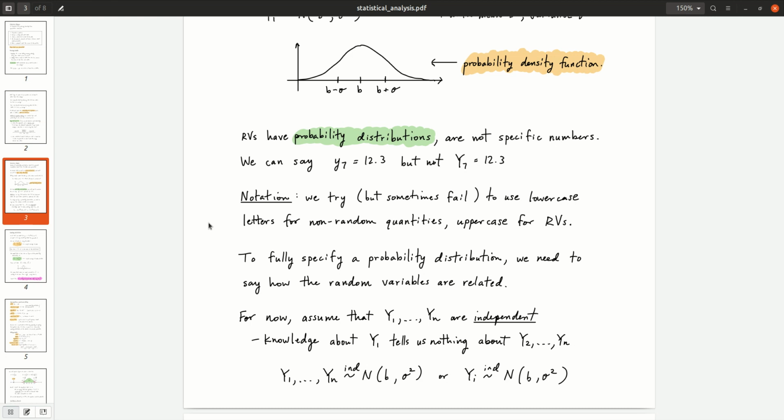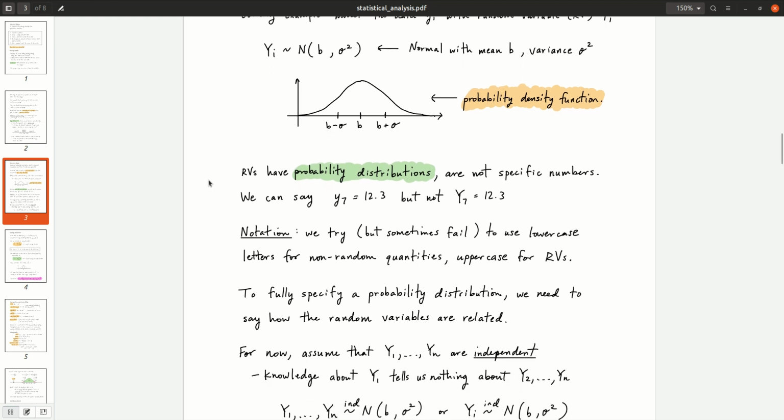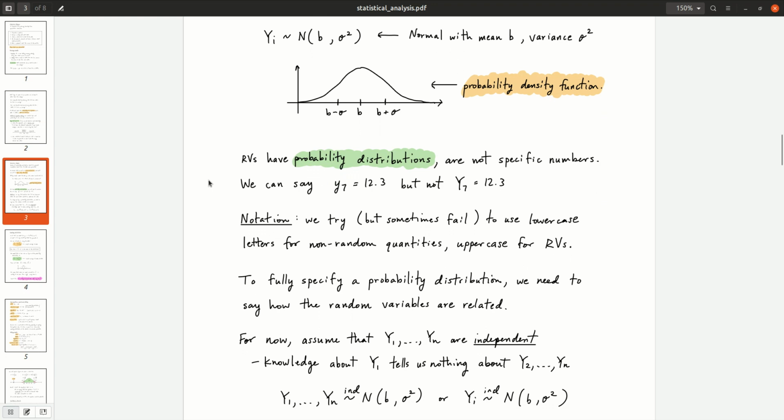The next part about probability distributions: if you notice here, I've said what its distribution is. But I haven't said anything about how Y1 is related to Y2, how our model for the first observation depends on the model for the second observation. And to fully specify a probability distribution, you have to say how these random variables are related.